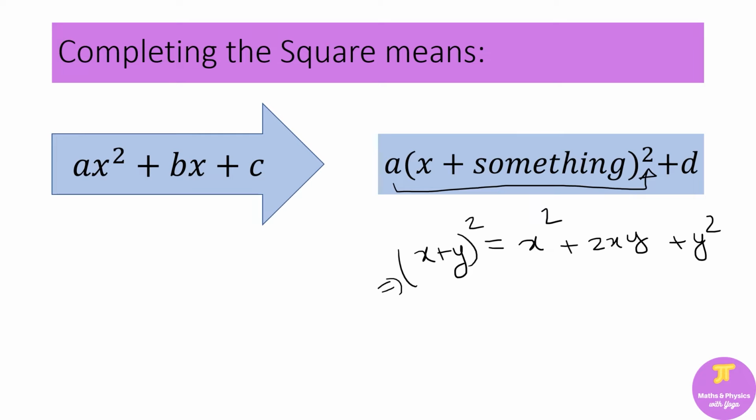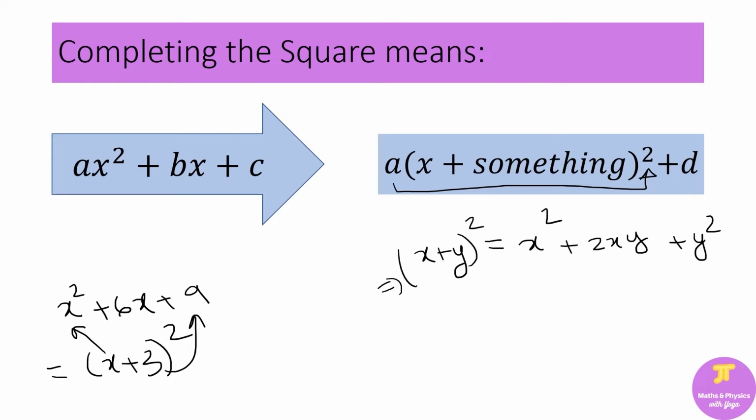For example, if you have an equation like x squared plus 6x plus 9, this is equal to (x + 3) whole thing squared, because you have x squared, you have 3 squared, which is 9, but what is this one is actually 2 times of this one.